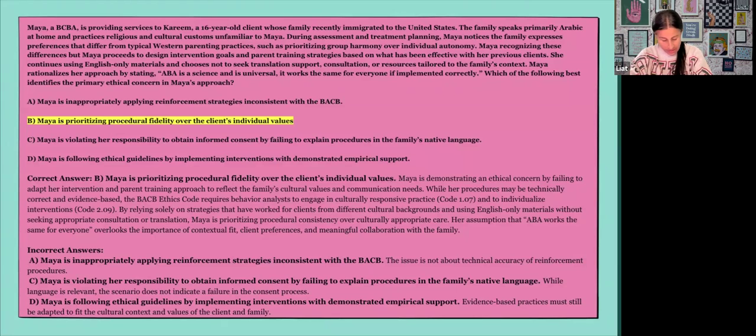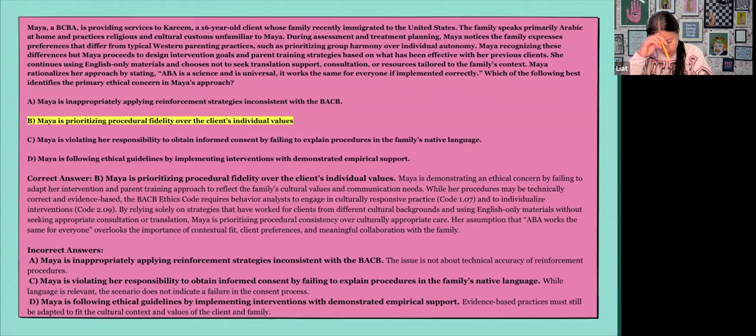Maya recognizes these differences, but proceeds to design intervention goals and parent training strategies based on what has been effective with her previous clients. She continues to use English-only materials and chooses not to seek translation support, consultation, or resources tailored to the family's context.